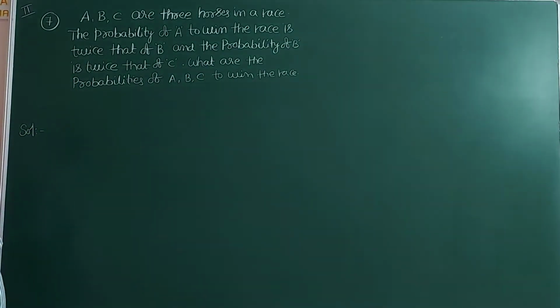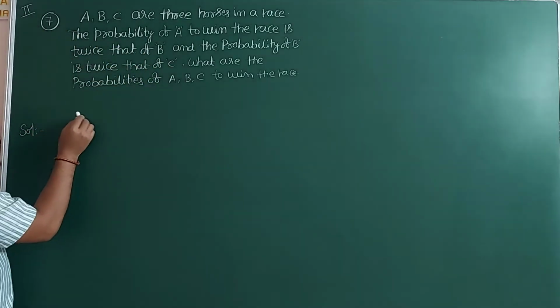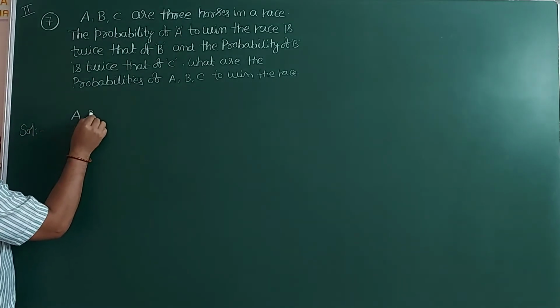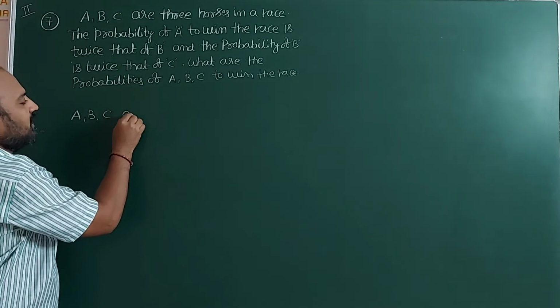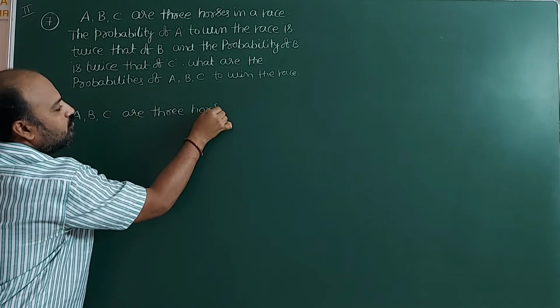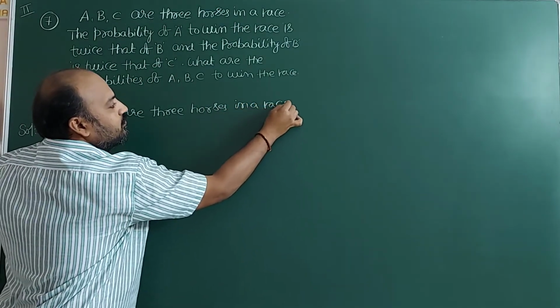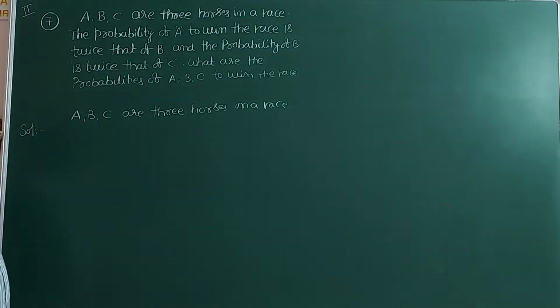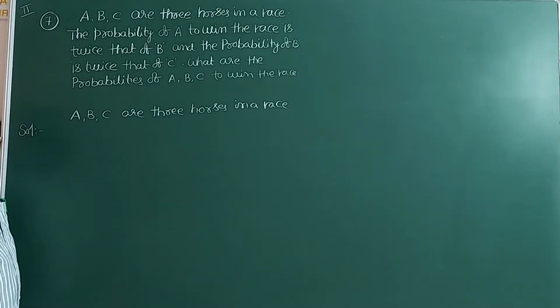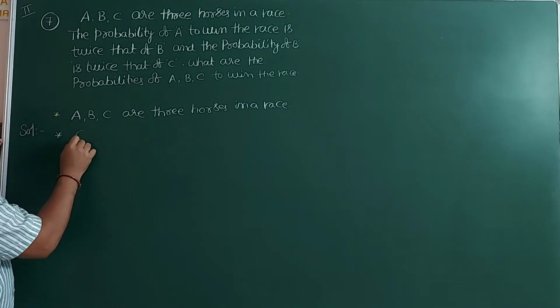So how to proceed with this question? A, B, C are three horses in a race. So these are the events in the sample space. Here the sample space is the race.